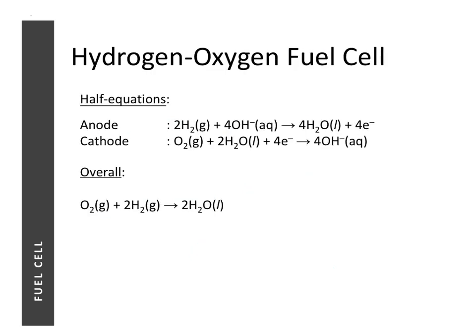Now as mentioned, at the anode, hydrogen gas is going to be oxidized to water, whereas at the cathode, oxygen gas is going to be reduced to hydroxide. Now some of you may be wondering about this. Why is it that at the anode, hydrogen gas is not oxidized to hydrogen ions? And then at the cathode, why is oxygen gas not reduced to water but hydroxide?